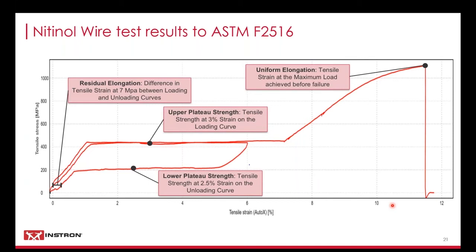The system uses real-time extensometer data to detect and initiate the turnaround. When the material is unloaded, the phase change reverses, recovering nearly all of the elastic deformation. You can see the residual elongation is just a small amount of permanent deformation after the unloading process. Once the hysteresis is performed, the material is generally always pulled to failure, identifying the tensile strength and uniform elongation.